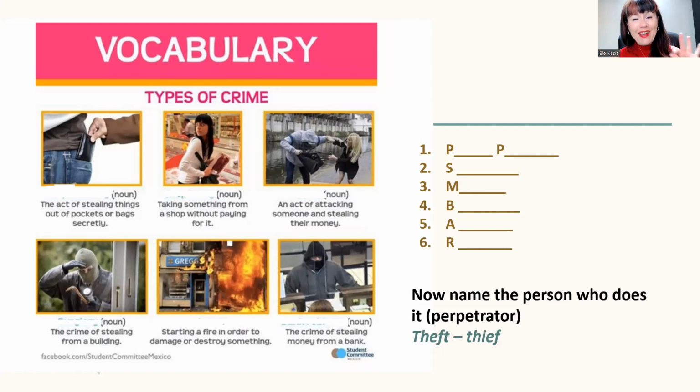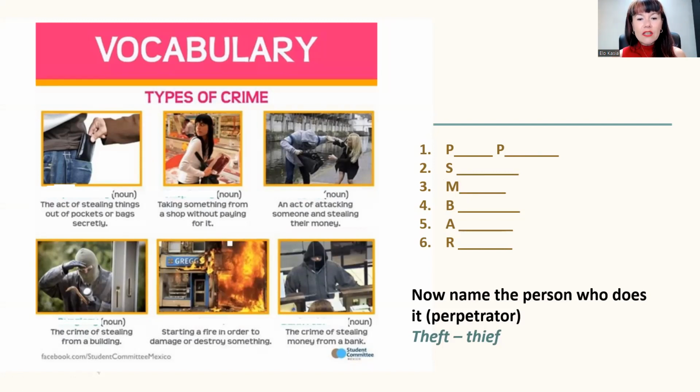You see, in English, we have different names for different types of theft. Depends whether you steal from a shop, from a bank, or maybe from a person, maybe in the street, maybe from their pocket. My goodness, yes. So we have different names for these different crimes.